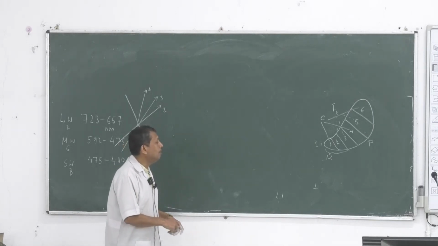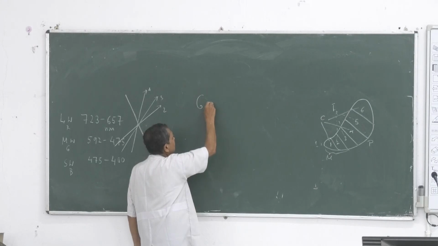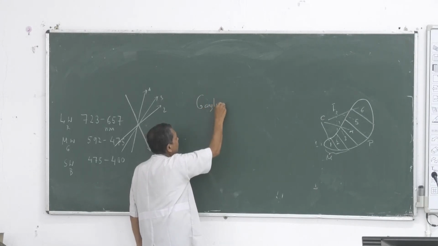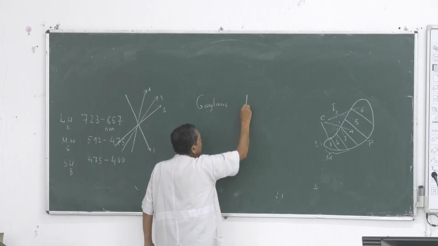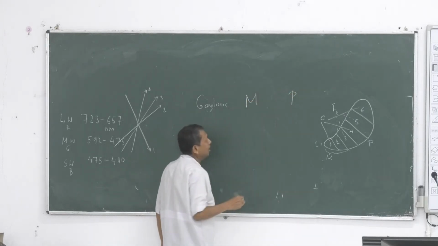So in the ganglionic cell layer, there is the M and the parvocellular layer.